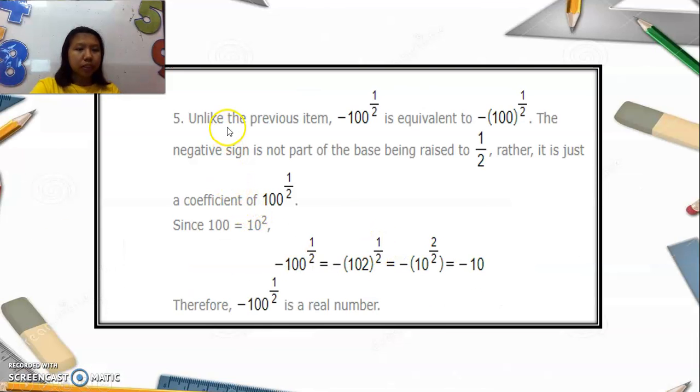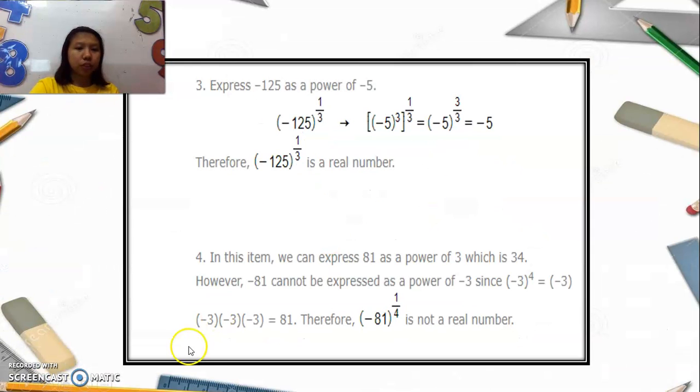Okay, last one. So we have here negative 100 raised to 1/2. So we need to think of a number wherein it will be equivalent to 100. Okay, so the negative sign is not part of the base being raised to 1/2. Rather, it is just a coefficient of 100. Okay, so let's analyze the given.